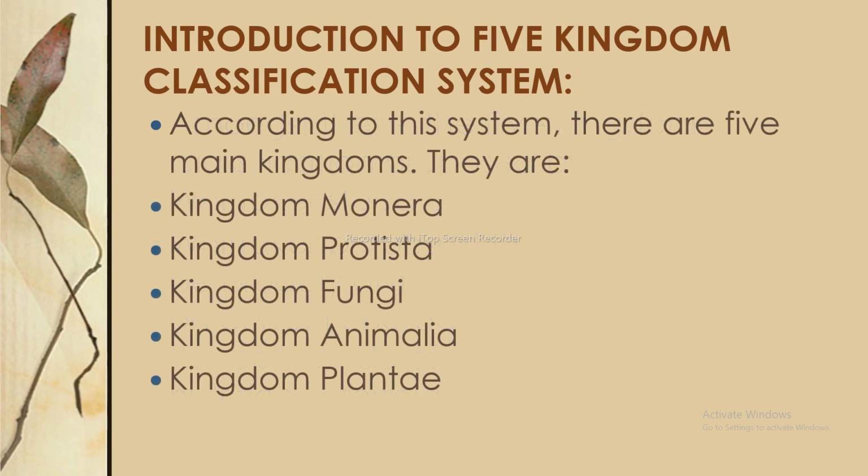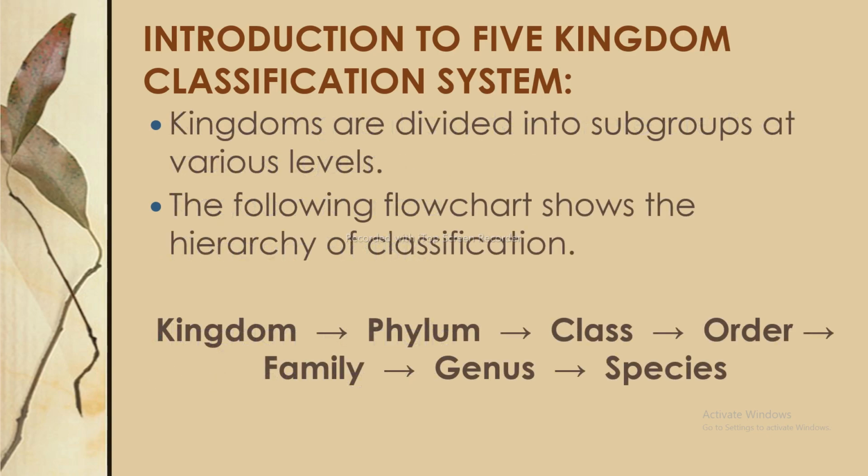According to this system, there are five main kingdoms. They are Kingdom Monera, Kingdom Protista, Kingdom Fungi, Kingdom Animalia, and Kingdom Plantae. Kingdoms are divided into subgroups at various levels.